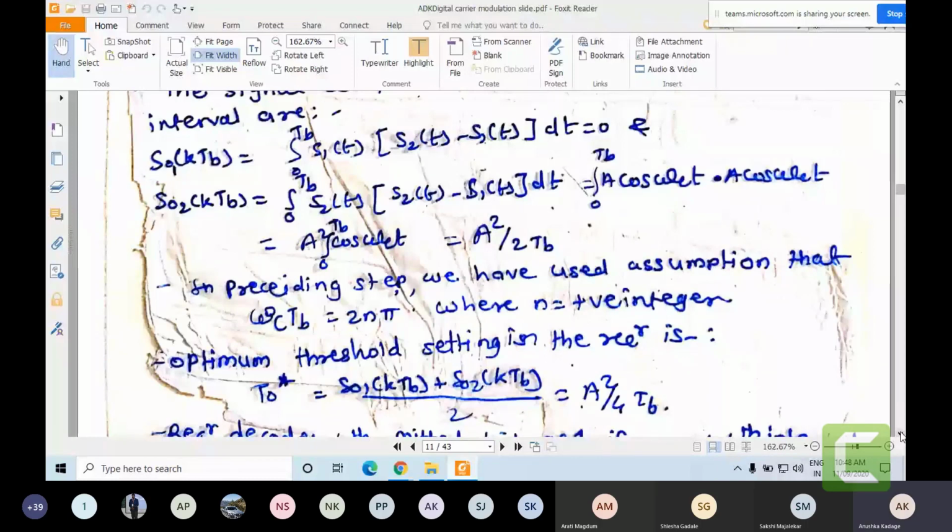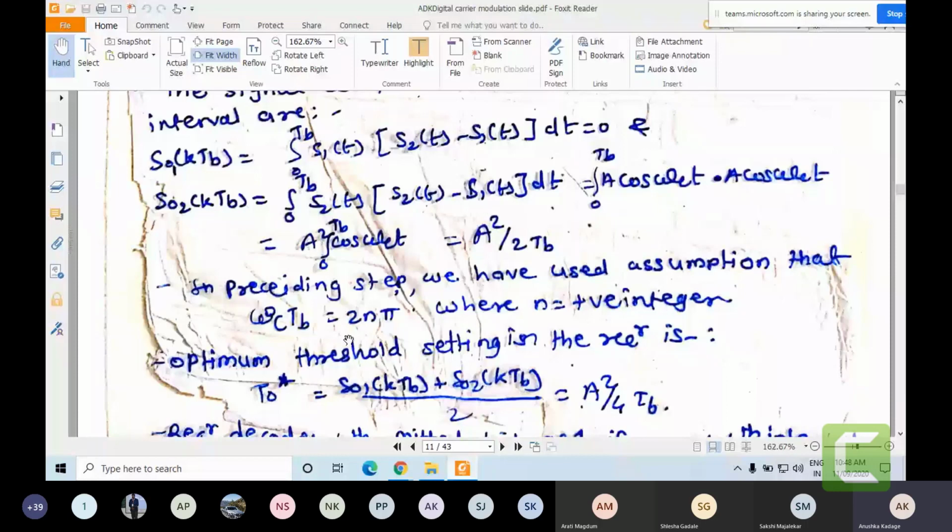Then in the preceding step, we have assumed that omega c Tb is equal to twice n pi. Now what is the meaning of this omega c Tb equal to twice n pi?